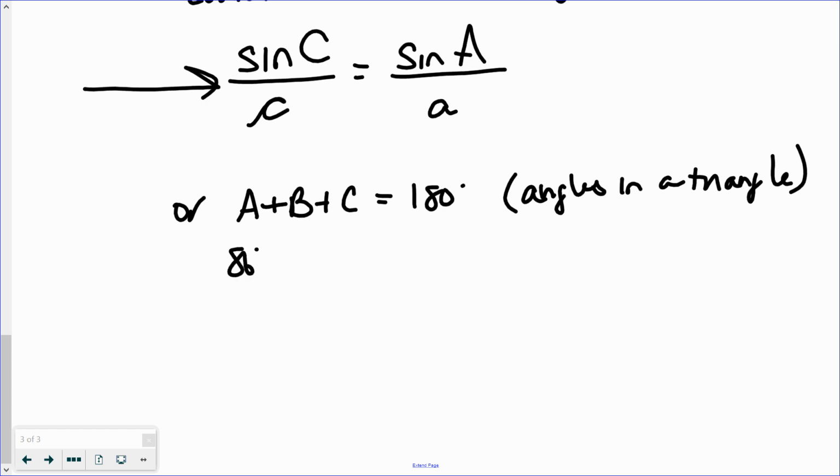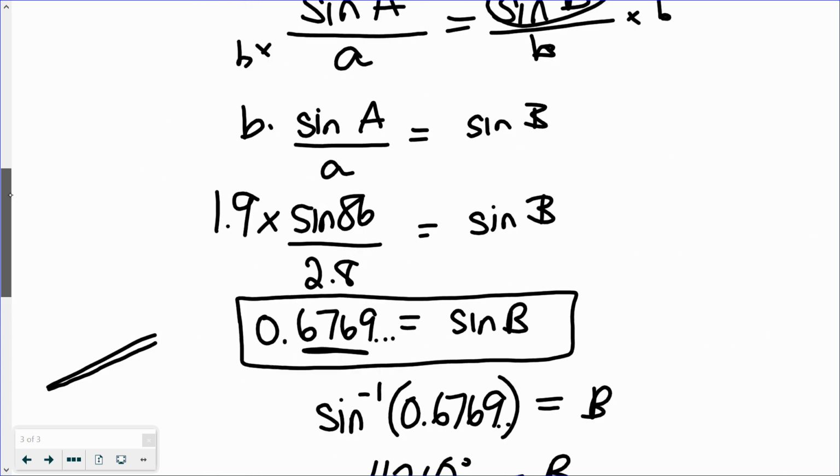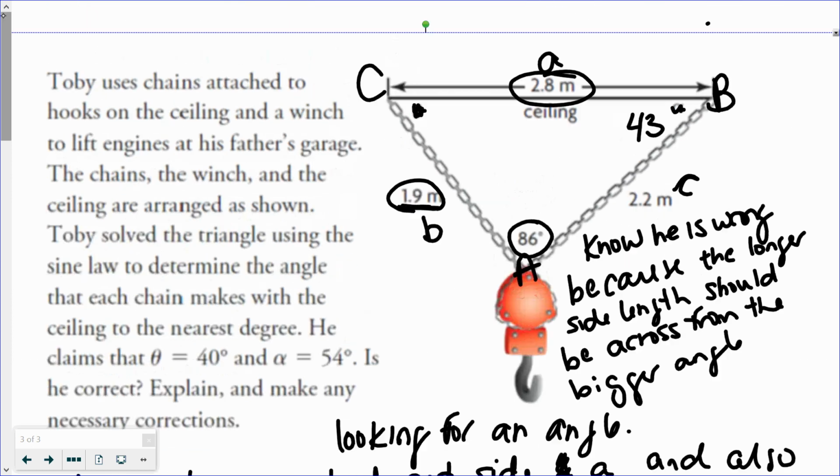We just calculated angle B, it's 43 degrees. So I could subtract 86 and 43 from both sides, and we could get angle C equal to 51 degrees. So this is 51 degrees.